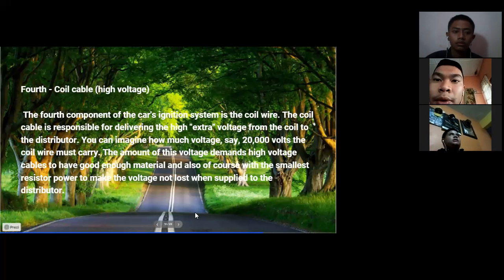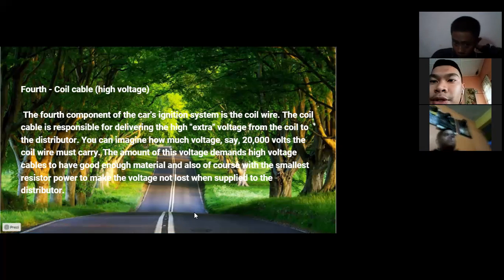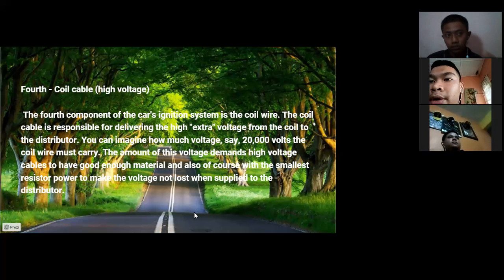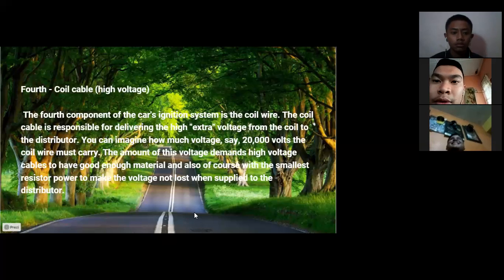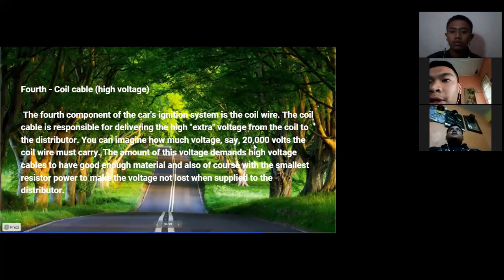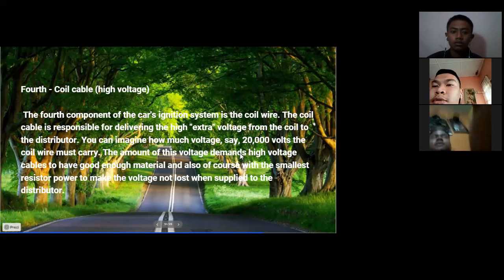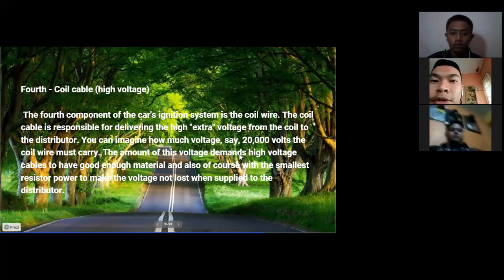Fourth, coil cable or high voltage cable. The fourth component in the car's ignition system is the coil wire. The coil cable is responsible for delivering the extra high voltage in the coil to the distributor. You can imagine how much voltage, say, 20,000 volts the coil wire must carry.